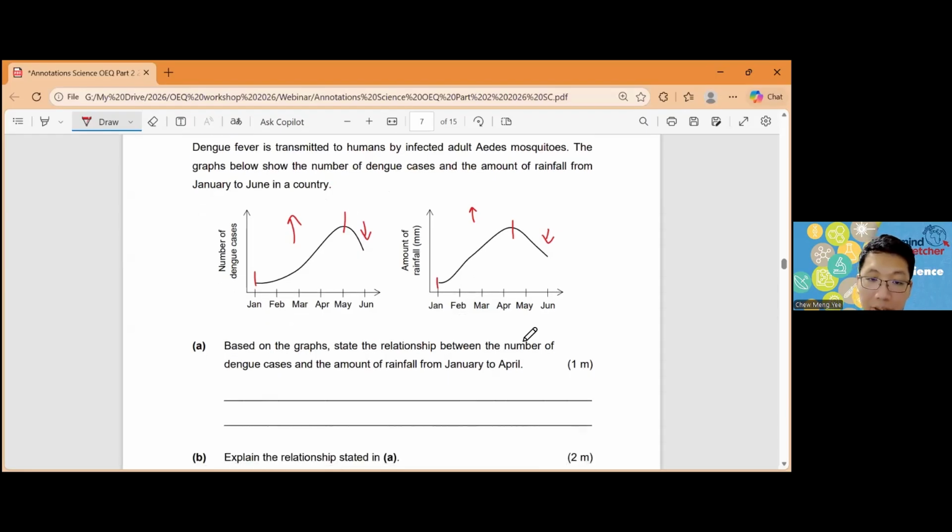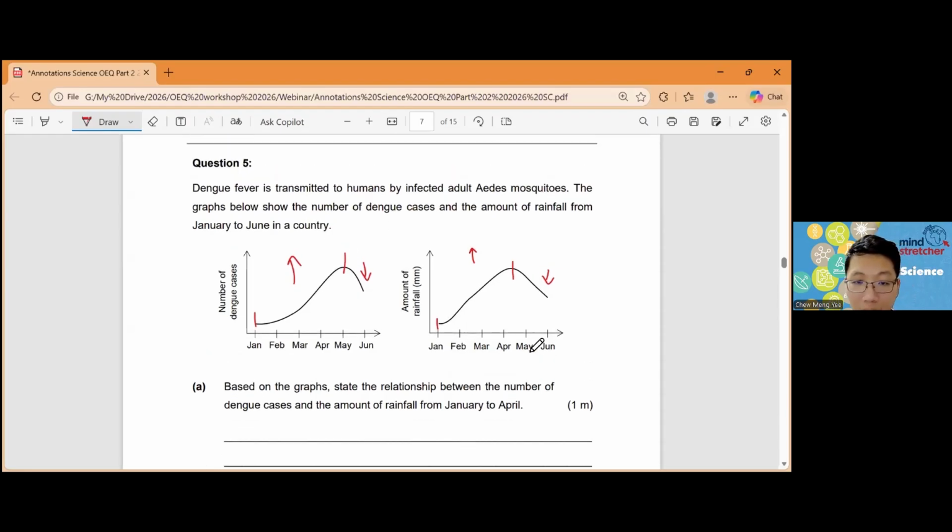Based on the graphs, state the relationship between the number of dengue cases and the amount of rainfall from January to April. I've already told you both of them increase, but what exactly is the relationship? Be very careful, listen to what I'm saying here.